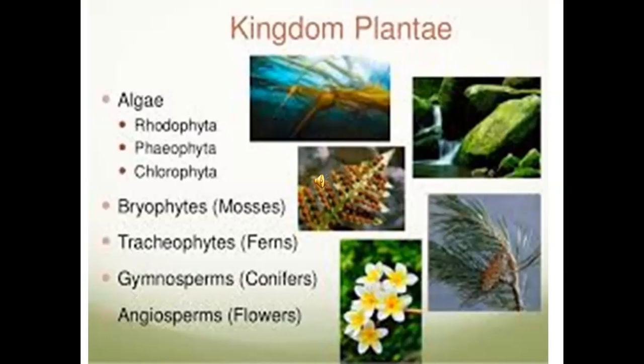Plant cells have a cell wall and specialized functions such as photosynthesis, transport of materials, and support. Kingdom Plantae includes ferns, cone-bearing plants, and flowering plants as examples.